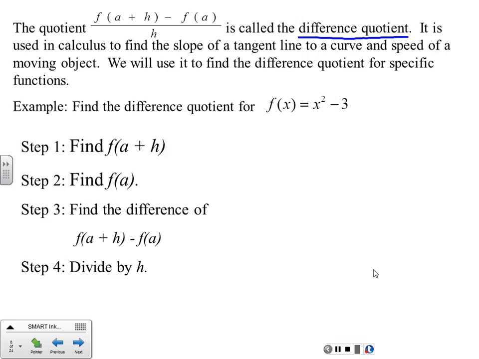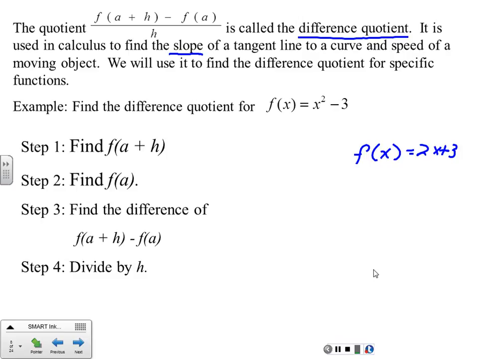Now, little hint, let's see if we can make a connection here. If I told you that the function was f of x is equal to 2x plus 3, there's your function. And I just told you that the difference quotient is used to find the slope of a tangent line.